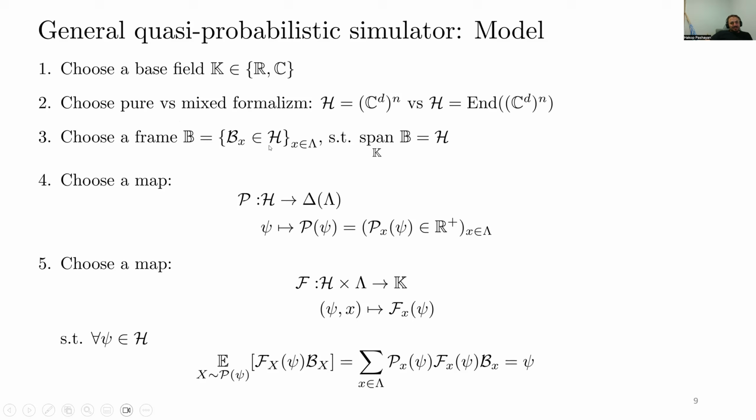These elements range over this capital lambda, which it'll be helpful to think of as a phase space. There's an operator Bx associated with every point x in this phase space. The requirement of these frames is that they span the Hilbert space over the field.